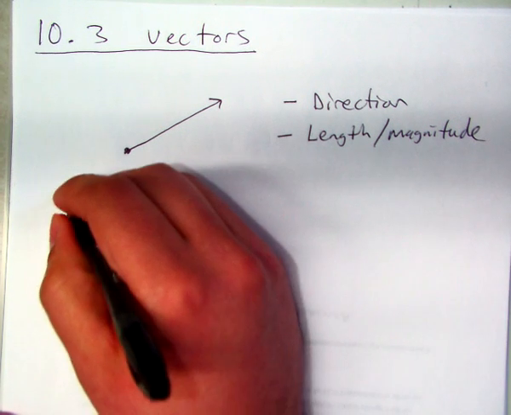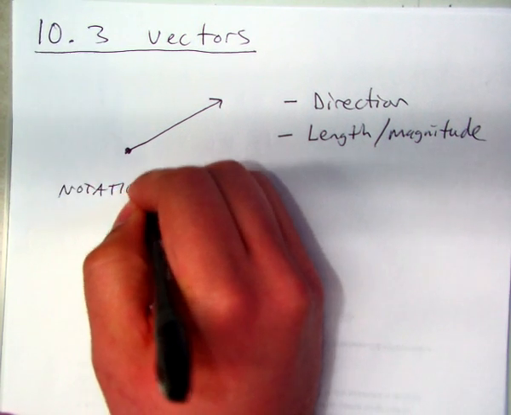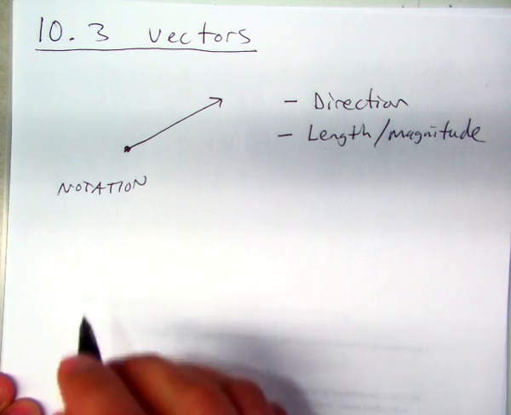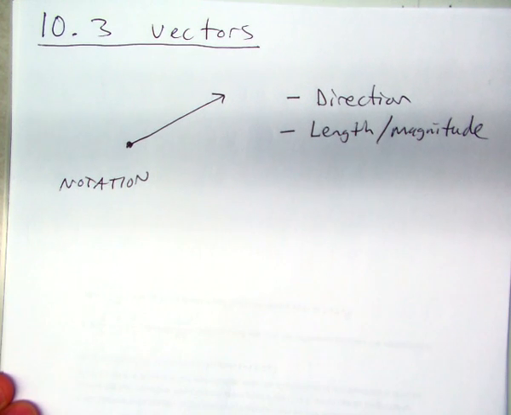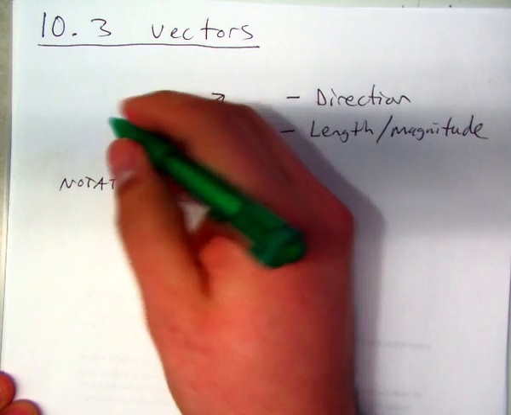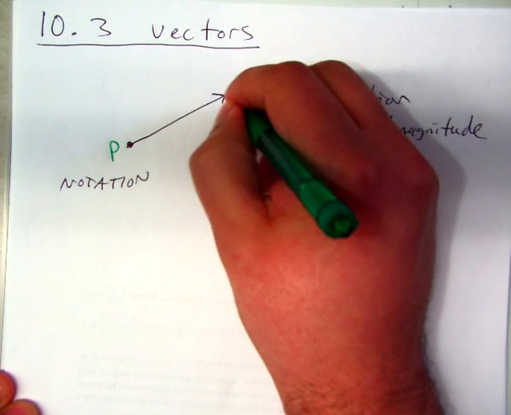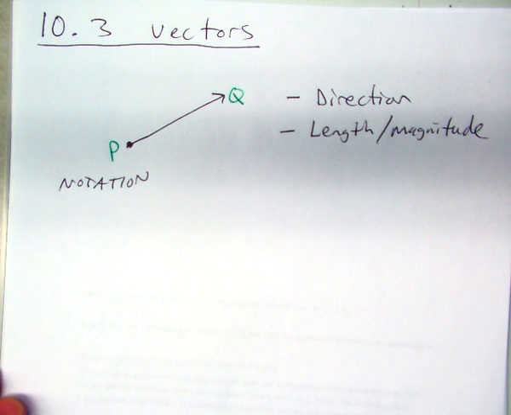Let's talk about the notation. In math, we like to try to clean up the notation as much as possible. I think I actually observed a couple of physics classes. You guys did X and Y components and had this big table and all this other stuff, if I remember correctly. We're not going to do that much. Okay. So here's the notation. Let's say that this point here is called P. And this point here is called Q. Okay.